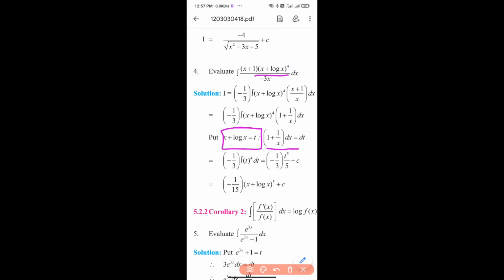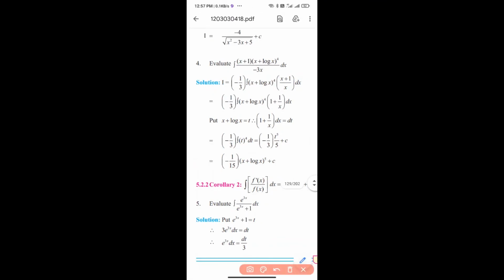Now to adjust, this 1 plus 1 by x is not here, so what we have to do, so this they have given. Now I'll try to start again. This you have to put first. This can be your first step, and then you can write these steps.